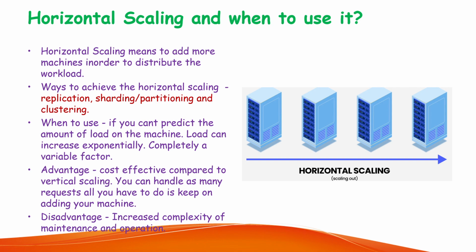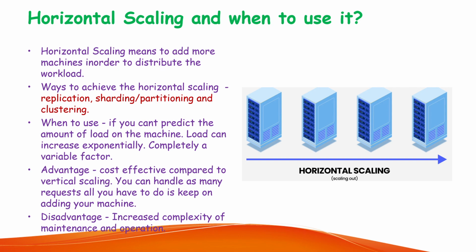It won't be a situation where I end up with a machine going completely down just because it has too many requests. Correct. So that is what horizontal scaling is, and the difference between horizontal and vertical scaling.